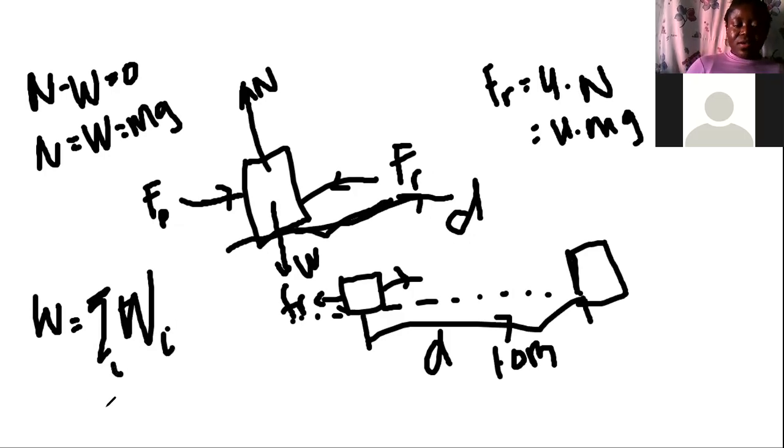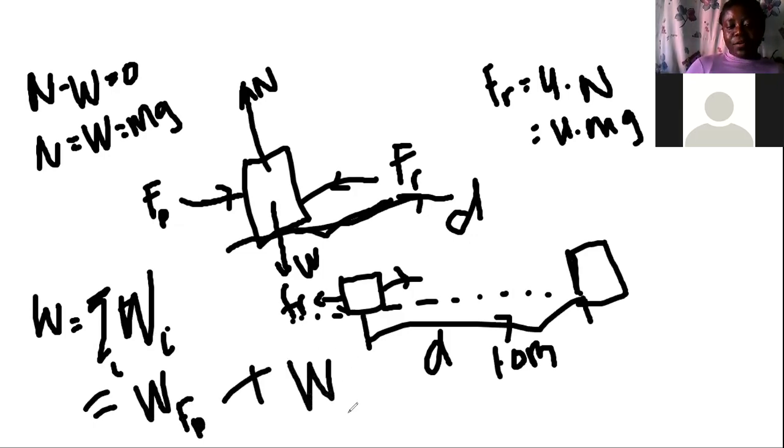This is equal to the work done by the force that you are pushing with, plus the work done by the friction force. Is it clear up to there? Yes. Okay.